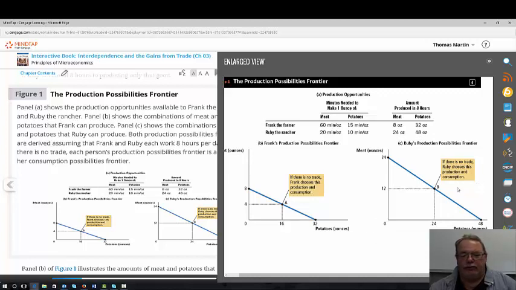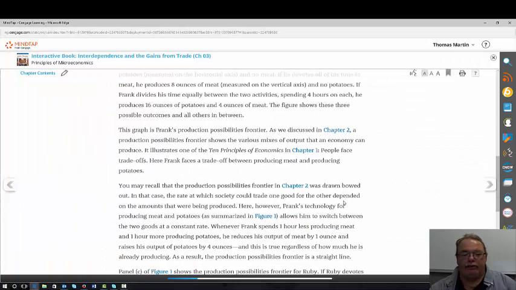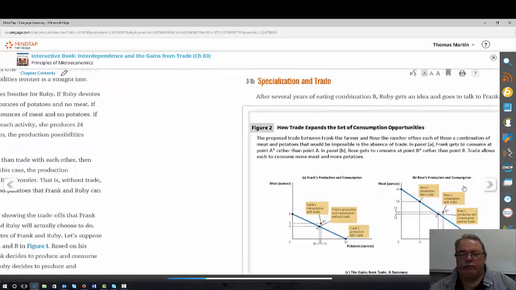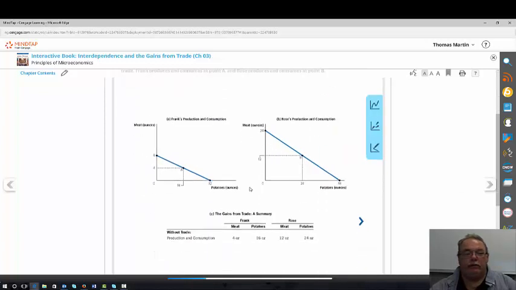If we establish trade, we can see what happens between the two parties. With specialization, Frank will produce 32. Let's take it one step at a time. We can see what each one can produce.